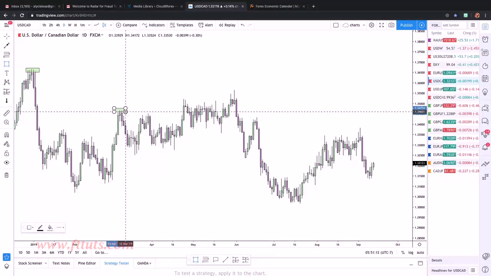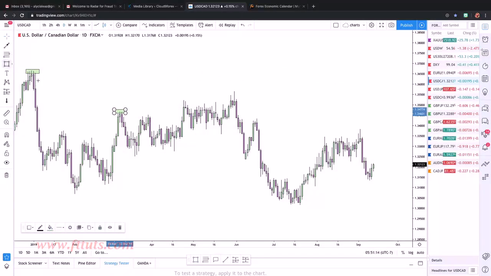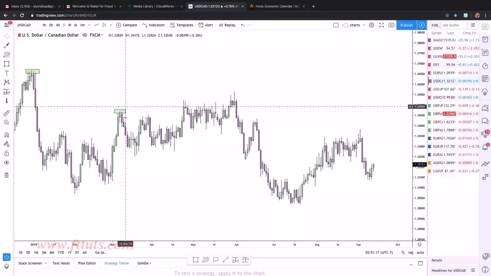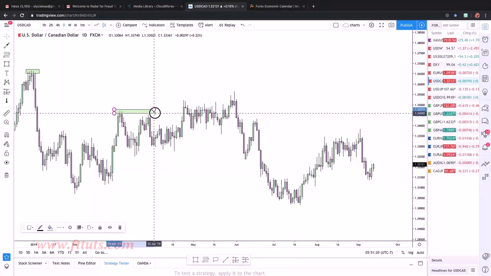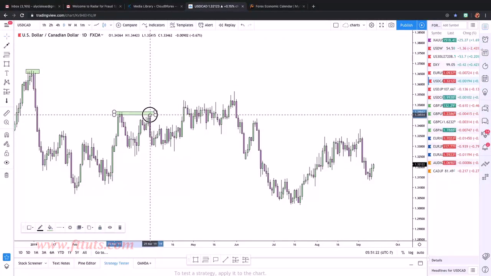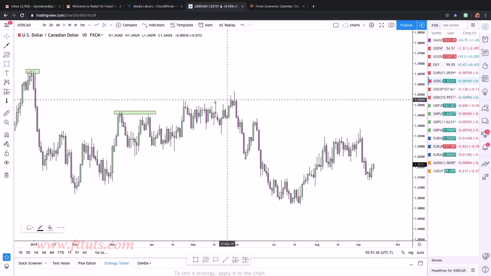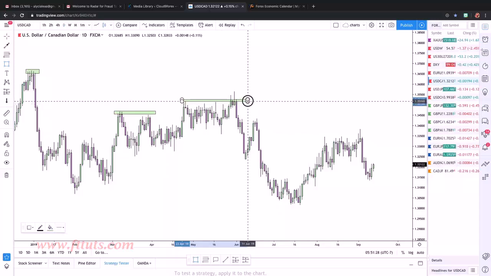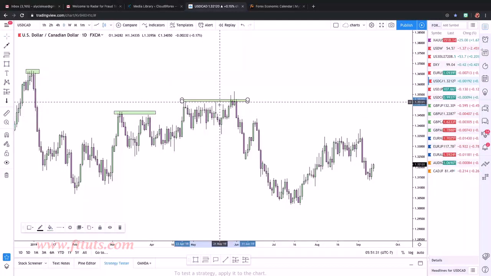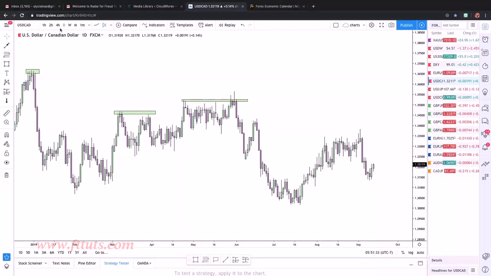You don't have to go like this and then like this, because it's basically the same zone. So we're just going to mark it as 1. So price failed to move higher. Okay, so for this as well, price was in this area and right here.